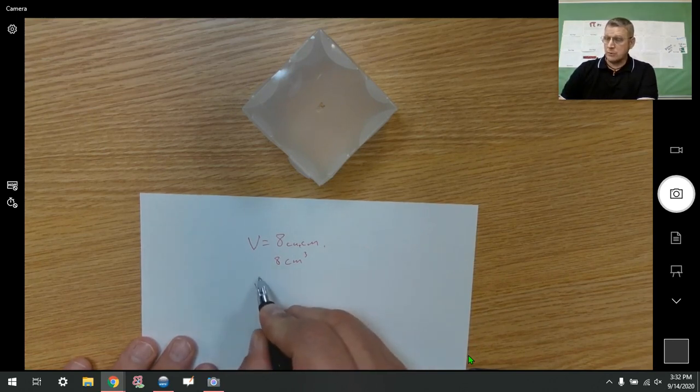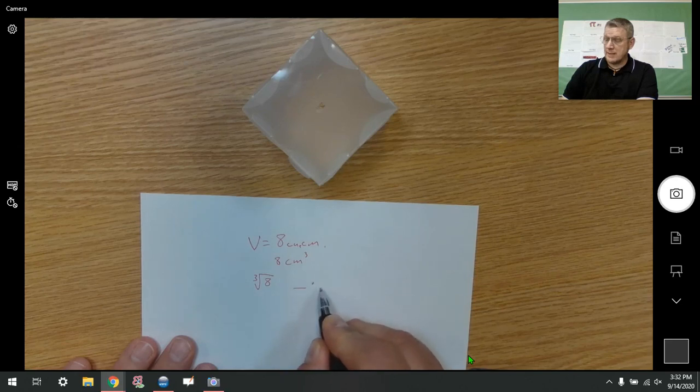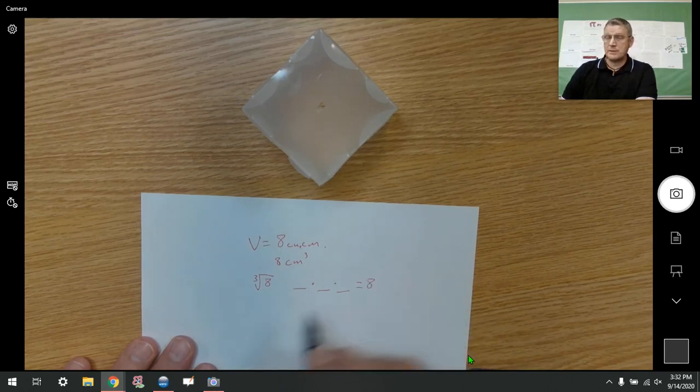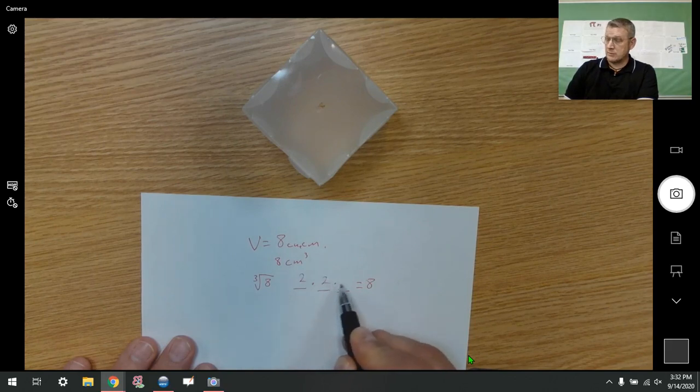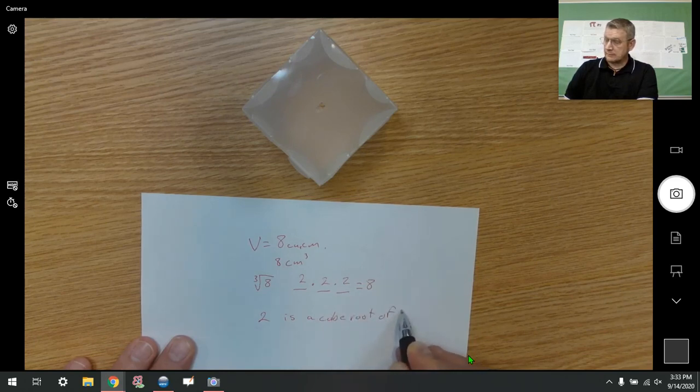We can take the cube root of the number 8, which simply asks what times itself 3 times will give me 8, and that happens to be 2 times 2 times 2. So 2 is the cube root of 8.